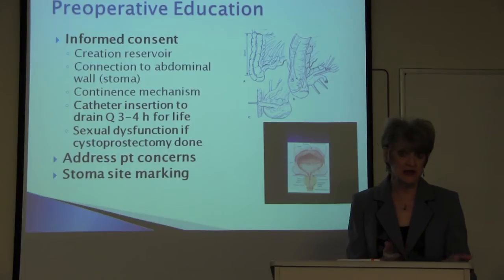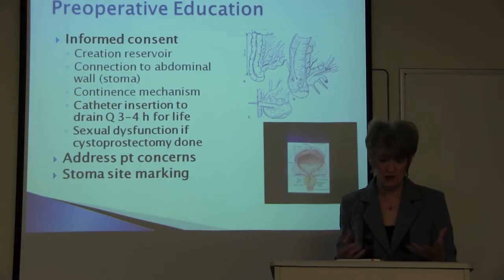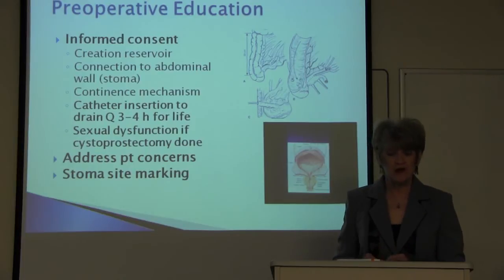So for patients with standard diversions, we want them to understand that the bowel will be connected to the abdominal wall and that they will wear a pouch to drain either stool or urine. For a patient with a continent diversion, we want them to understand that an internal reservoir will be constructed, typically from loops of bowel, that reservoir will be connected to the abdominal wall, that there will be a small opening on the abdominal wall, what we call a stoma.